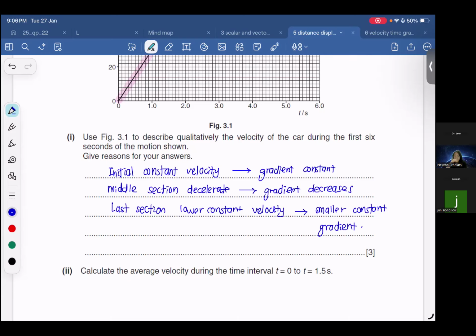No, dear. Zhesheng correct. Jiaxuan, no. Your answer should be 30.